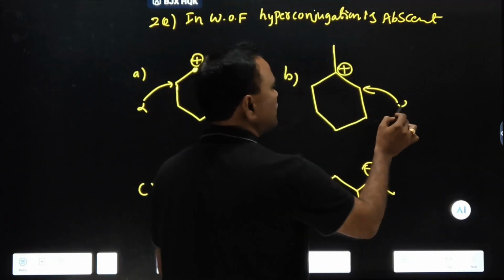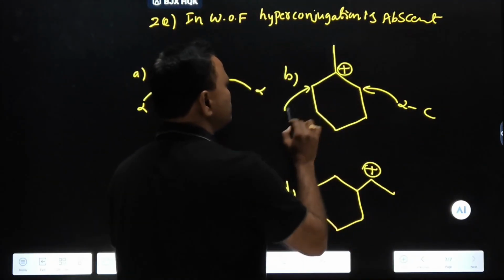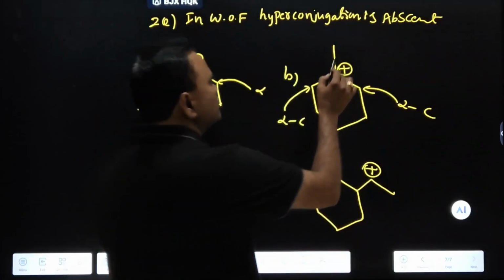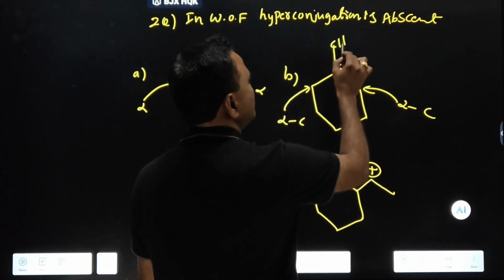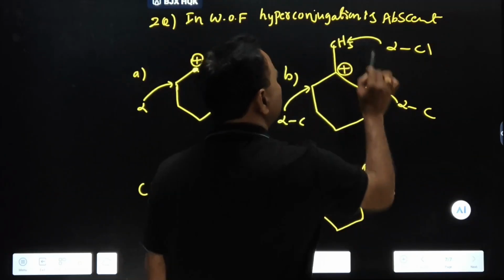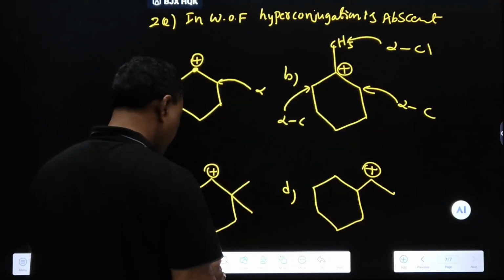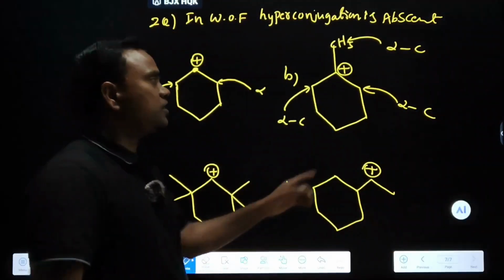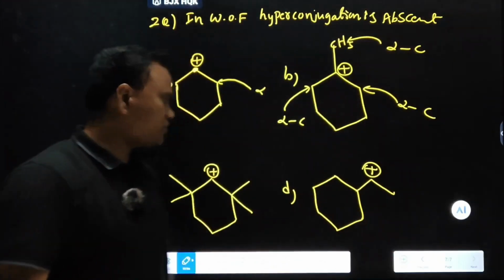Here alpha carbon, here also alpha carbon. And what about this? This is CH3, right? This is also an alpha carbon, right? So how many alpha carbons do we have here? 3 alpha carbons.